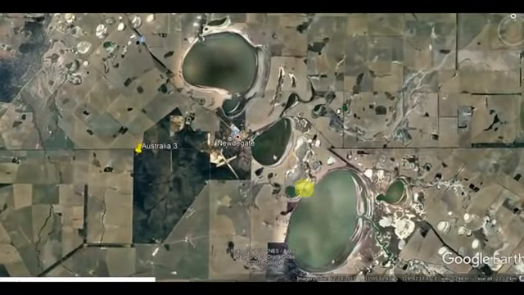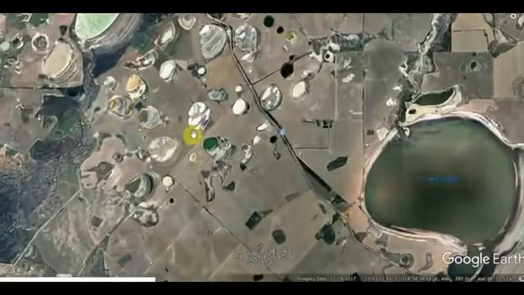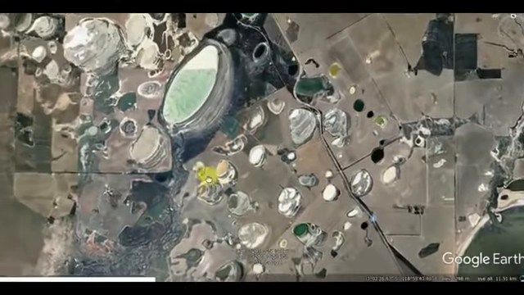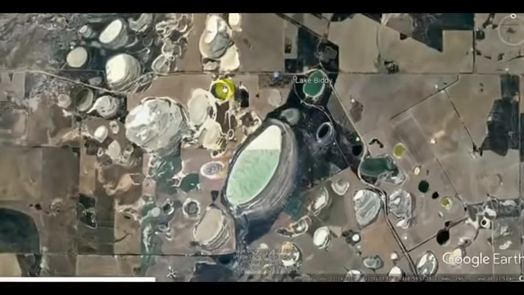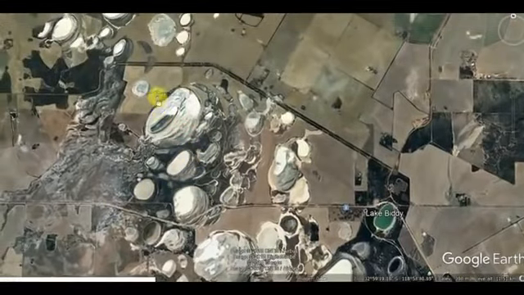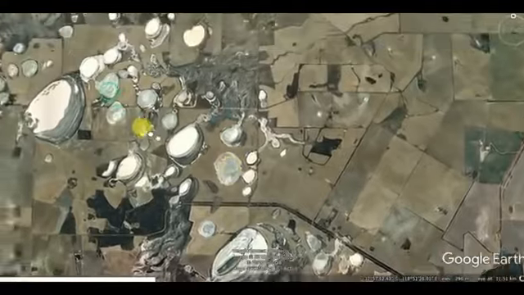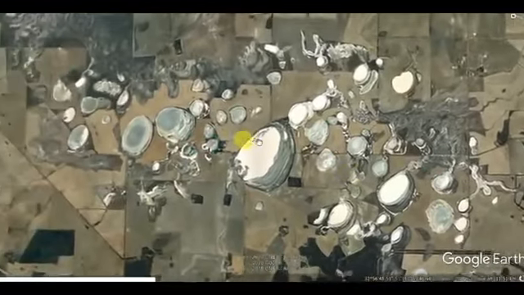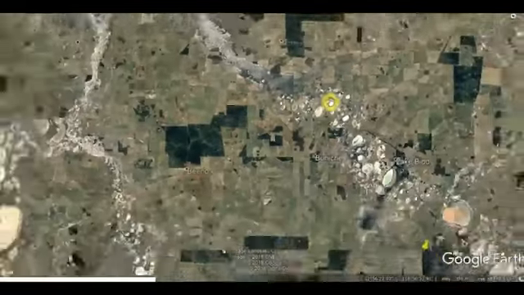And some of these are a lot bigger, but they're maintaining an orientation. And again, you got a mixture of all kinds of different shapes, but there's an orientation going on that's very consistent. And you got a mix of circular, oval shapes, and it's just really interesting stuff that I've never heard about.